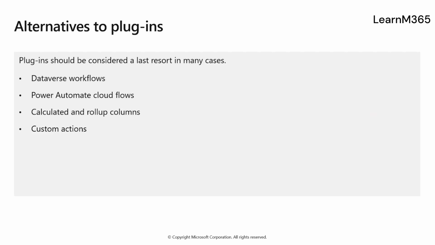When you are doing imperative logic, you are supposed to take care of it. That's why plugins should be considered the last option. If you're not able to implement using Dataverse workflows, cloud flows, columns, or custom actions, then a plugin could be the solution. Otherwise, go for the alternative options.